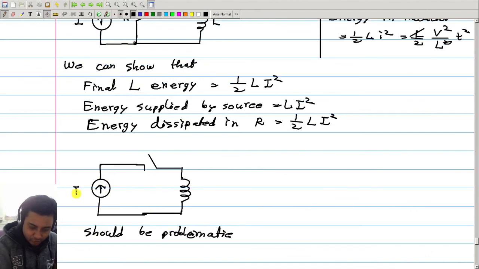One thing we know is that when you connect it, I will be this I, and now L di/dt should be 0. So that means this voltage is 0.